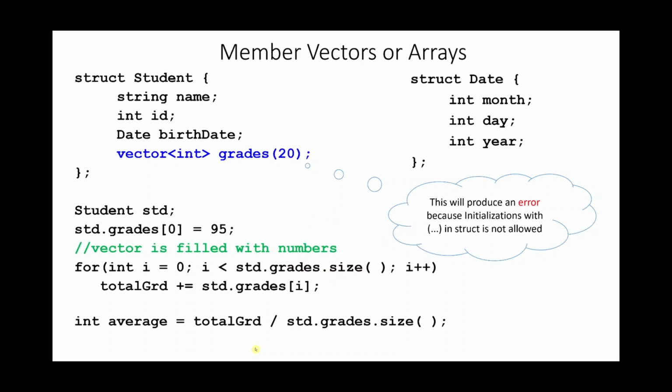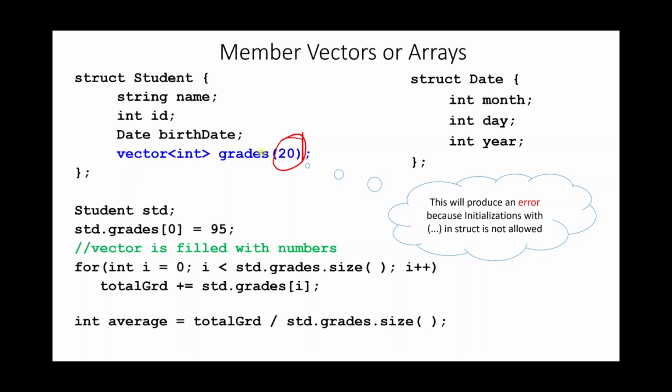Okay, so member vectors or arrays. We said we prefer to have a vector in our structure, not an array, because we don't want to exhaust the stack. But you cannot have a preset or pre-sized vector. You cannot set the size of the vector in your structure.